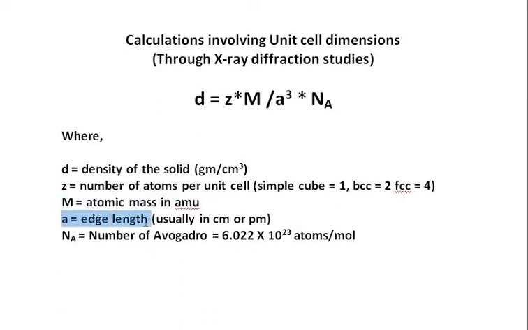A is the cell edge length, usually in centimeter or in picometer. And Na is the Avogadro number, which is a constant with the value 6.022 into 10 to the power 23 atoms per mole.